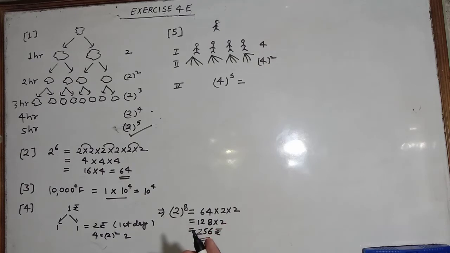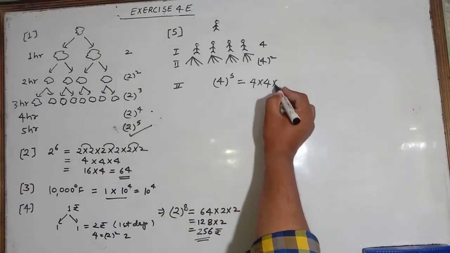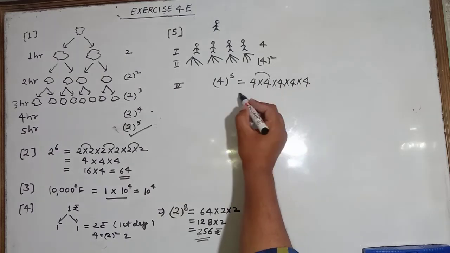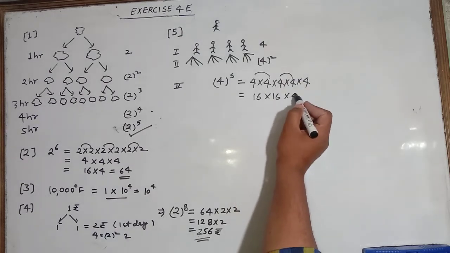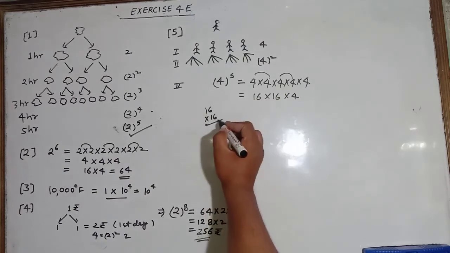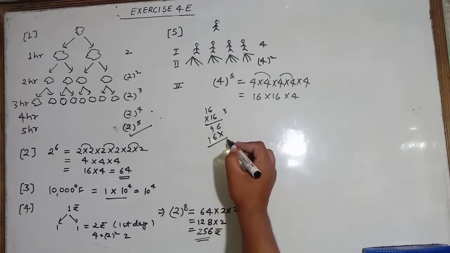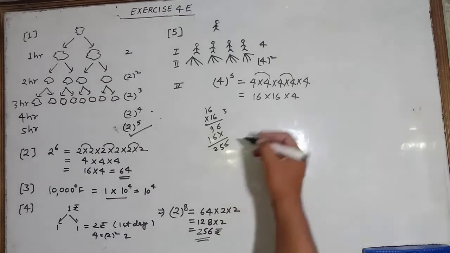So you can do it here: 4 into 4 into 4 into 4 into 4. So it will be equal to 4 fours are 16, again 4 fours are 16, into 4. So it will be equal to 16 into 16, we can do here. 16 times 16 is 256, into 4.